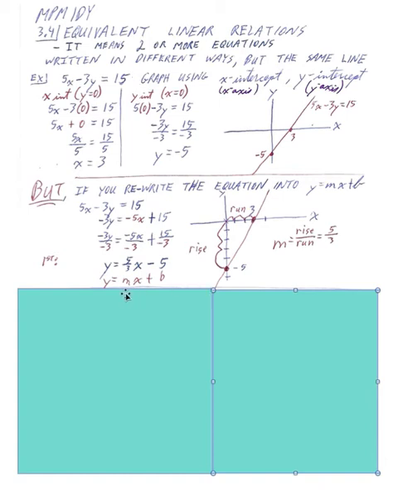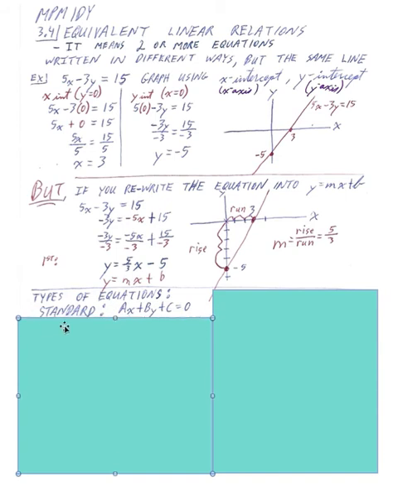All right, well, the first thing I'd like to introduce you to is types of equations, okay? And basically, these are just basic names. So the standard look is some number times x, some number times y, plus a third number equals 0. That is the standard look. And all it is, all the numbers and all the variables are on one side. But we can have semi-standard, and all that does is it leaves the x and y on one side and the number without a variable by itself on the other side.